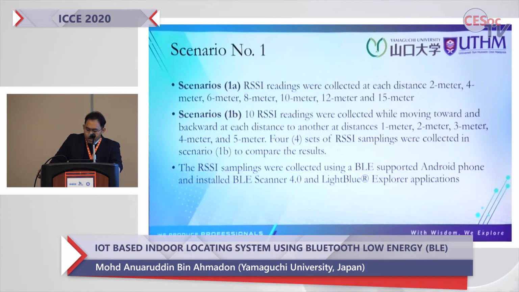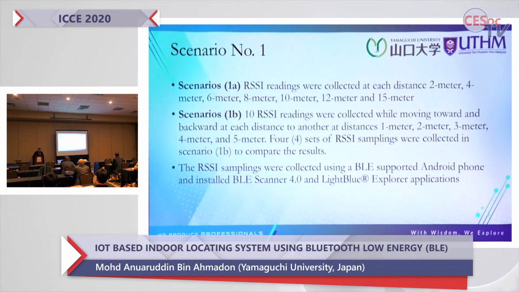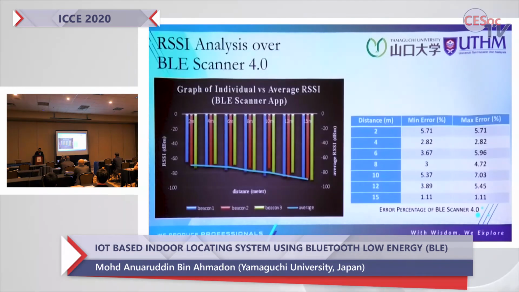Four sets of RSSI samplings were collected in scenario 1B to compare the results. The RSSI samplings were collected using BLE-supported Android phones with the BLE Scanner 4.0 and Light Blue Explorer applications installed. We will compare these two applications.